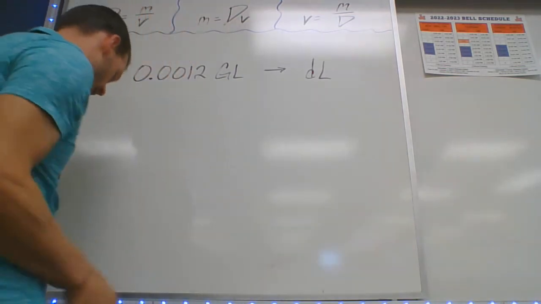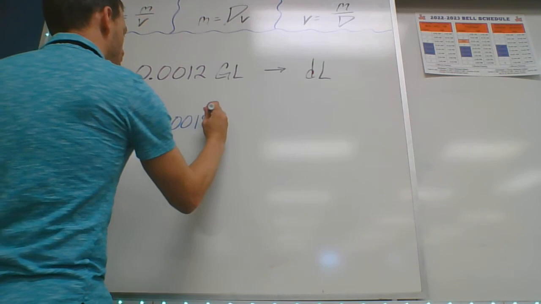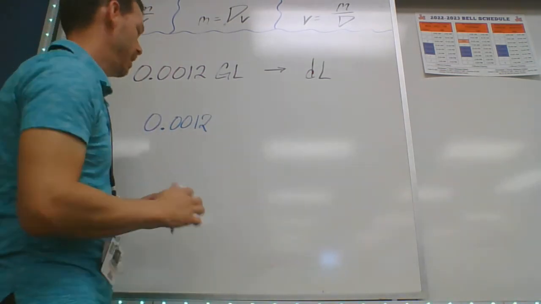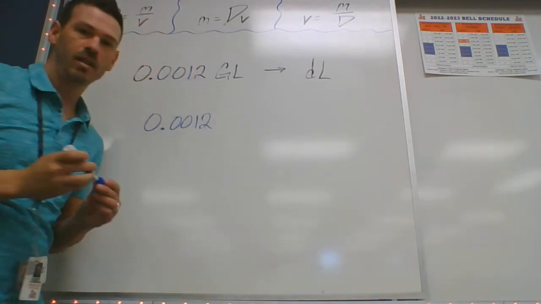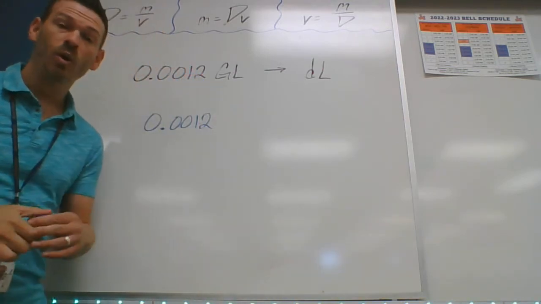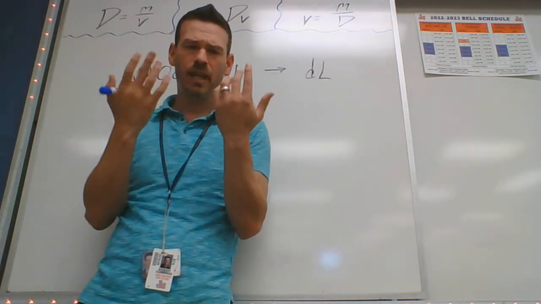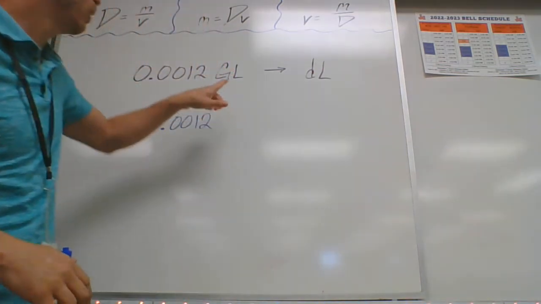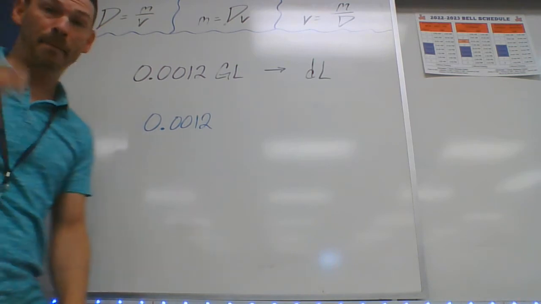So I'm going to take my 0.0012. I want it to get bigger. The only way it gets bigger is if the decimal goes that way. So I know that that's going to happen. How many times? Now this time there's prefixes for both of them, so it's kind of integer math. If you look at the exponent for giga, it's sitting there at positive 9.